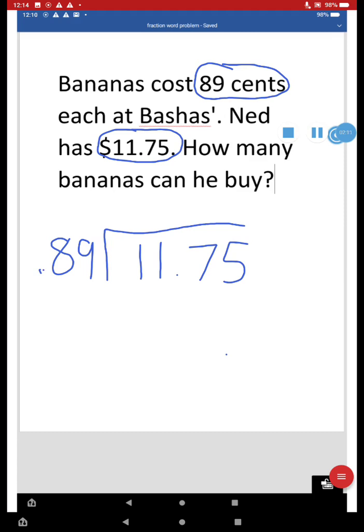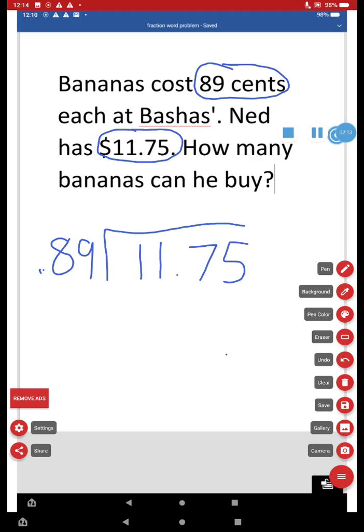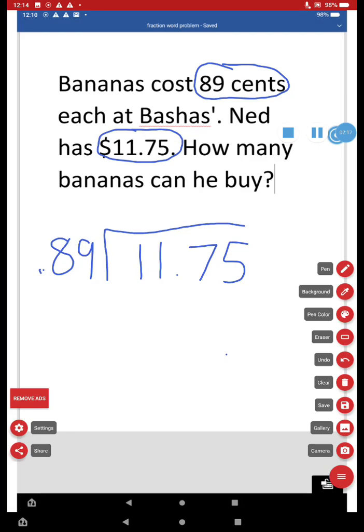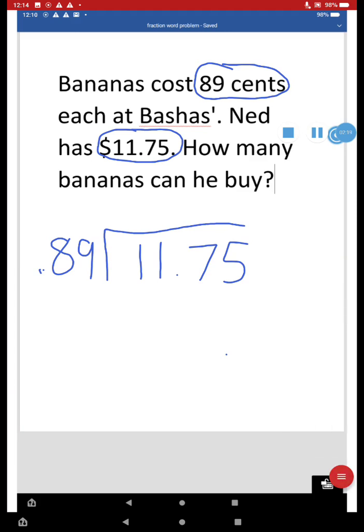Now, here's something new that you're going to learn about dividing with decimals. When I divide with decimals, my divisor can't be a decimal number. What? I just made it a decimal number. Well, here's what we have to do. We have to move it over 2 places.